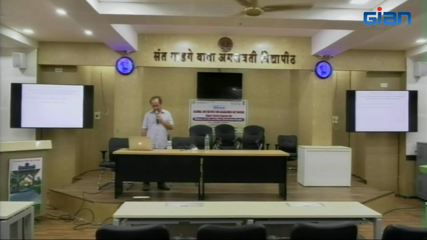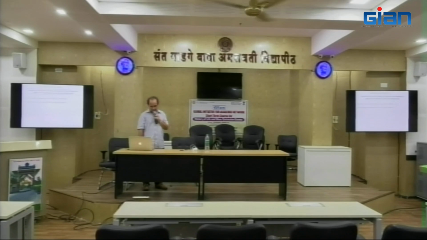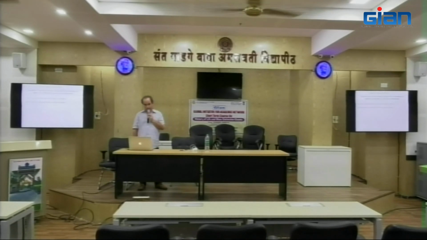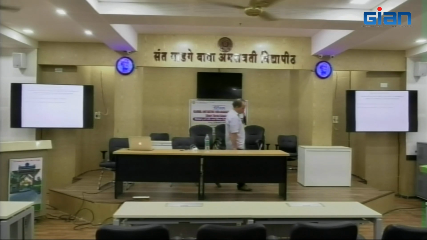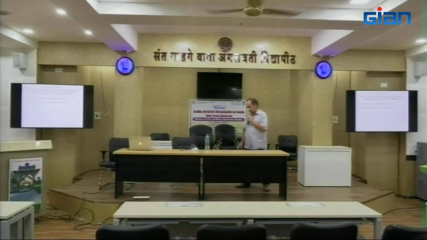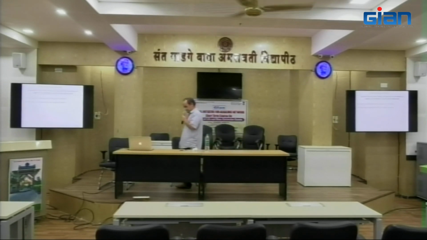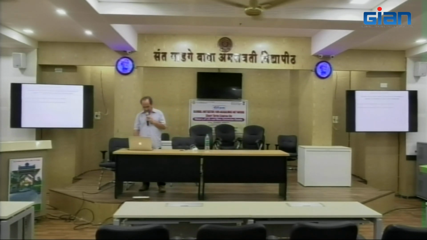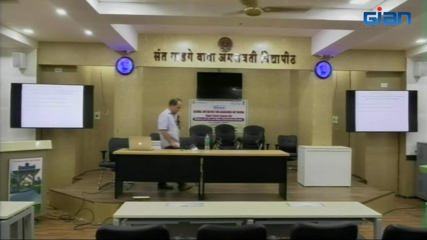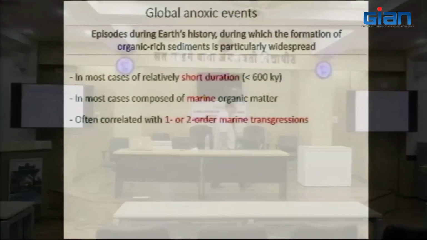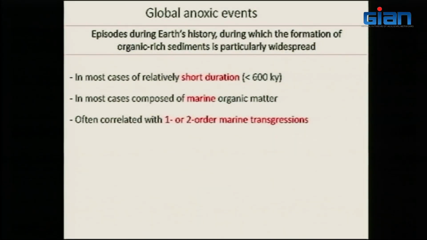Generally, you have a lot of organic matter, and the black shale, I remind you, is by definition a shale with not so much carbonate and a lot of organic matter, more than 5%, okay? And generally, you will see that these black shale depositions are correlated with some huge marine transgression.